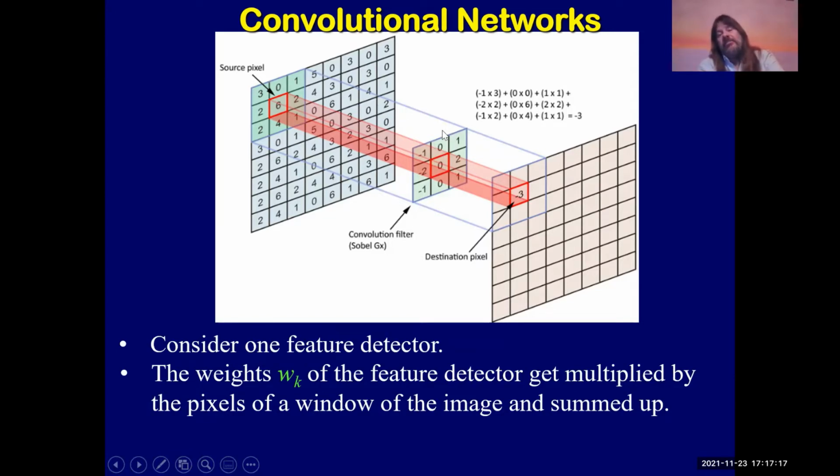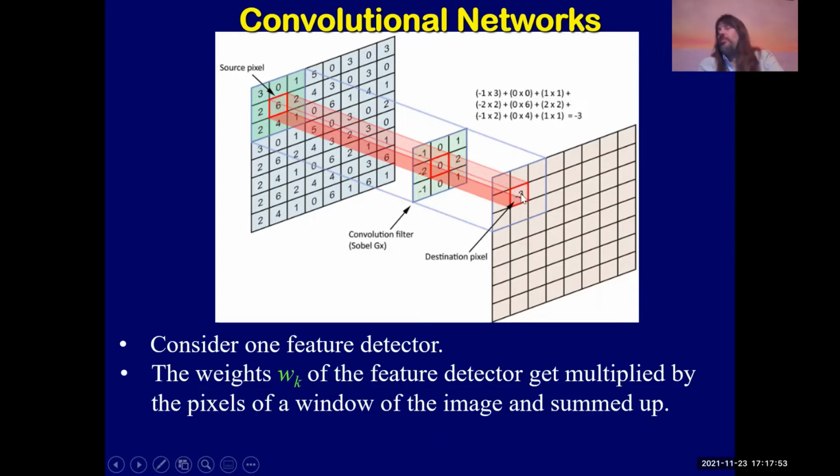So it records right here one number, which tells me, does this pattern appear right there in the image? And the way it does it is it takes a dot product, a linear combination of the pixels here and the filter. They're calling it a filter. Basically it's taking this number times this number plus this number times this number plus this number times this number, and that gives you one number.